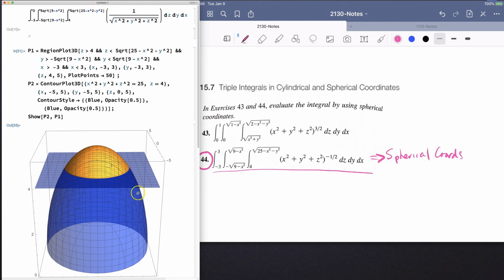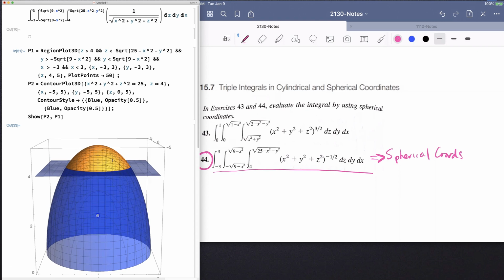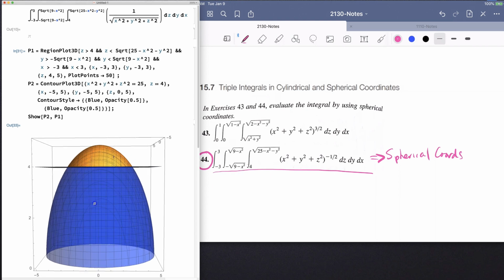Okay, but what we're seeing in the rest of the limits of integration here is that y and x are restricting this region of integration from the whole sphere to only a portion of it, which is the top part of this sphere. This is called a spherical cap.